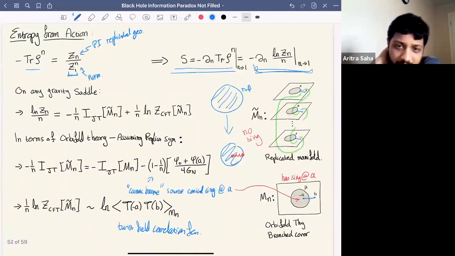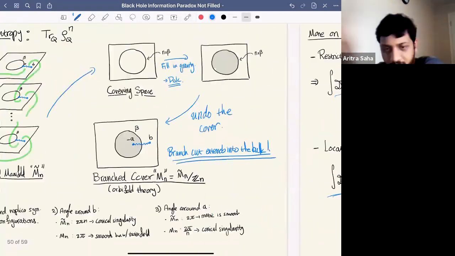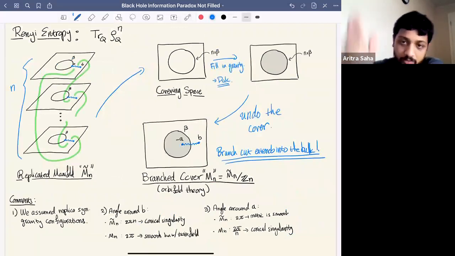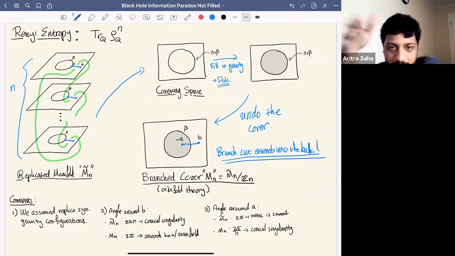Can I think of it in terms of, if I forget about this orbifold and everything, in the very first lecture you mentioned that the AdS2 has a boundary which is allowed to freely wiggle inside the bulk region. Does this have anything to do with that? In other words, can I say that in order to capture the gravitational part of this path integral, it is necessary for the point A to actually go inside the bulk?